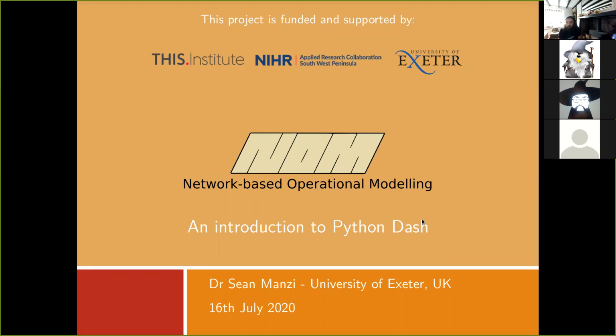Today we are going to have a look at Python Dash. I'm sure everybody is excited to learn all about how Python integrates with HTML and CSS to produce delightful looking web apps.